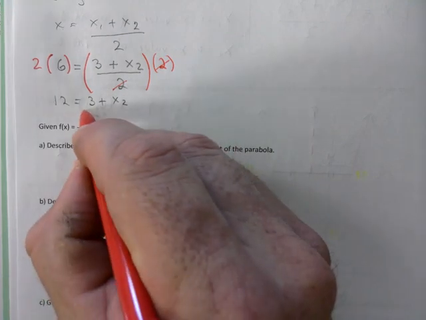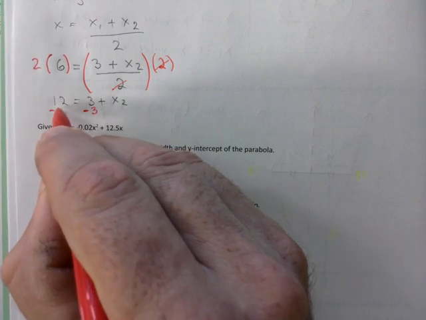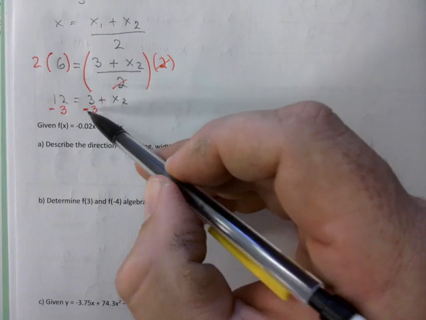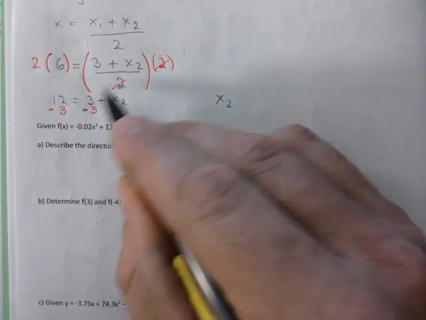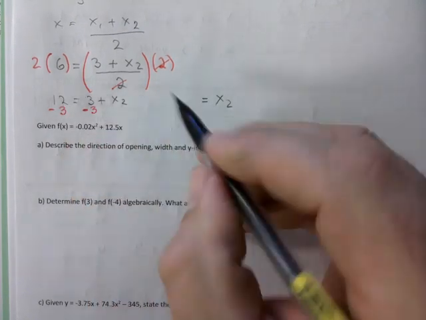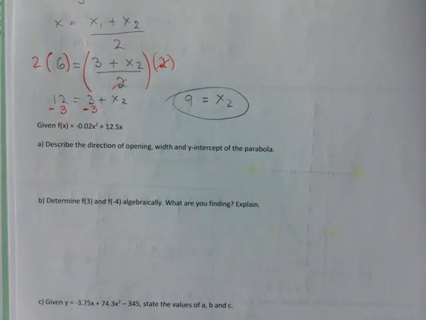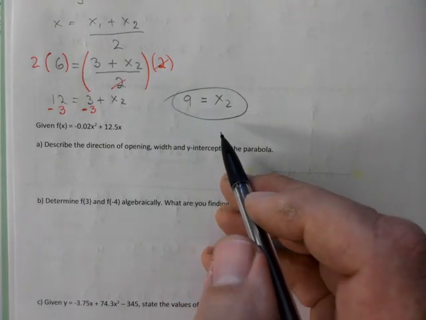I want to get rid of the 3, so I'm going to go minus 3 on this side of the equation, and also minus 3 on the other side. That turns this to 0, so x2 is equal to 9. So it goes back and forth. You can use points to find the axis of symmetry, but if you have one point and the axis of symmetry, you can also go back and find the value of another point.